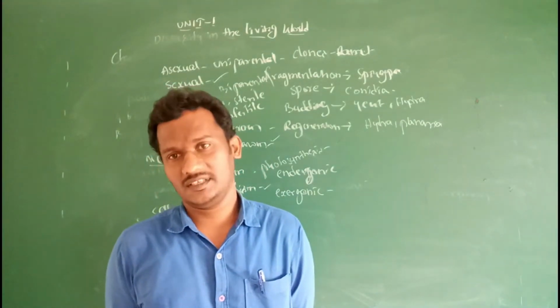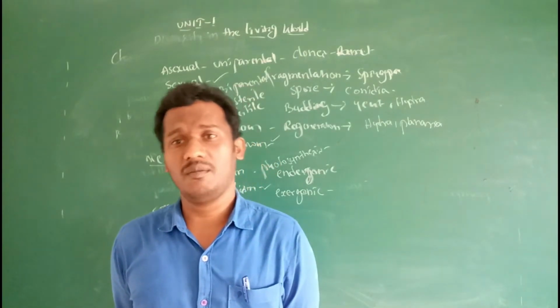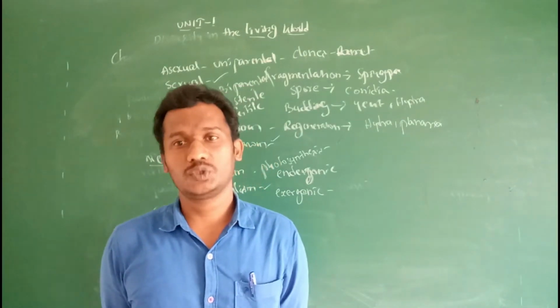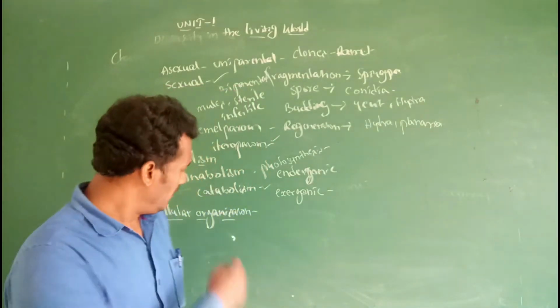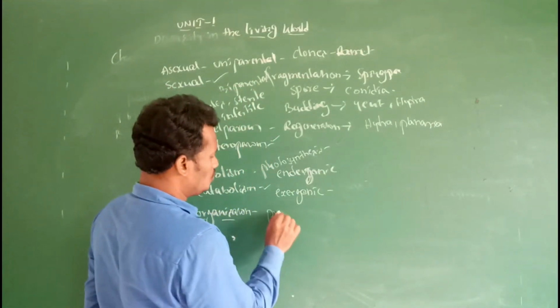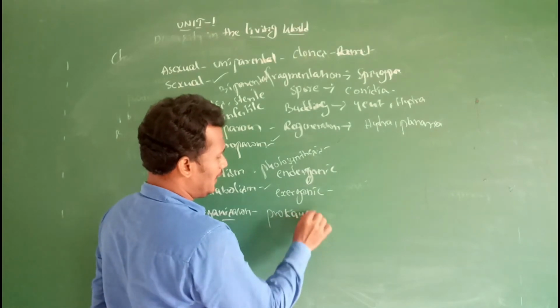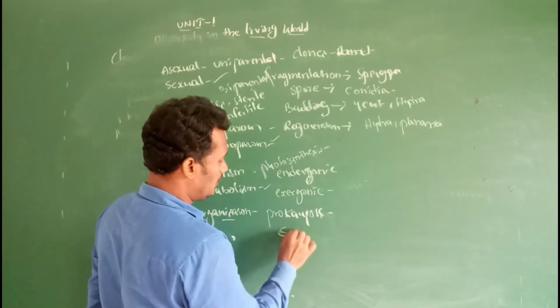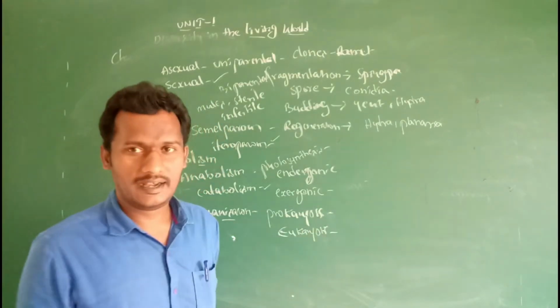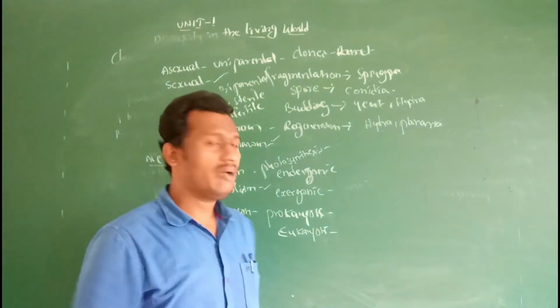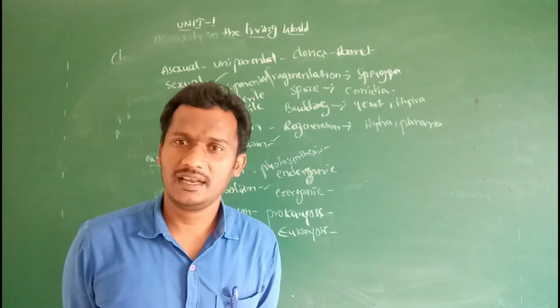For example, in the human body, approximately 37.2 trillion cells are present. Based on this, cells are of two types: the prokaryotic cell and the eukaryotic cell. Mesokaryotic cells are also present, but the main ones are prokaryotic and eukaryotic cells.